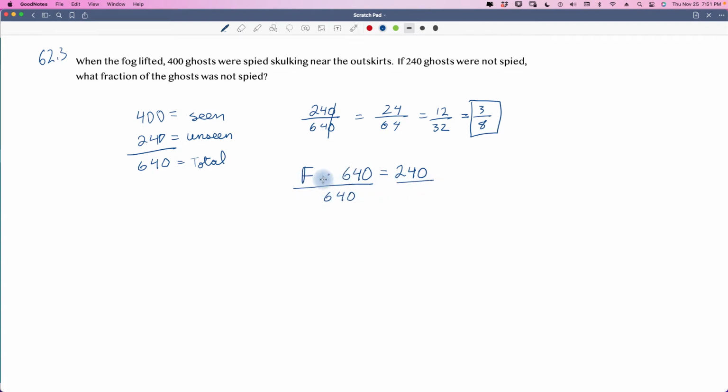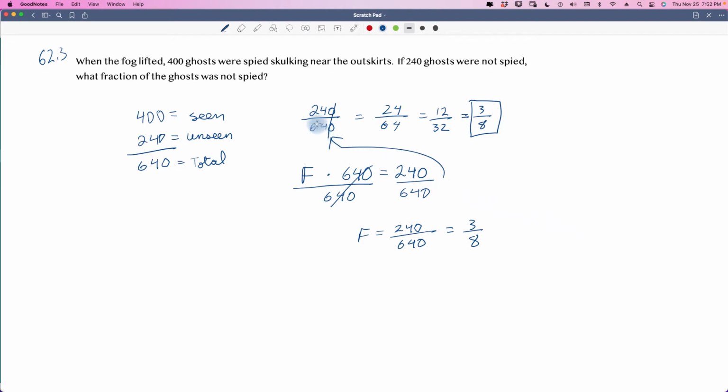We have to undo this multiplication. Isn't that the same thing we started with? It is. So this goes away because 640 over 640 is 1. So our fraction is 240 over 640. And then to get the answer, we do the exact same thing that we did up here. We just reduce as many times as possible, and then we end up with 3 over 8.